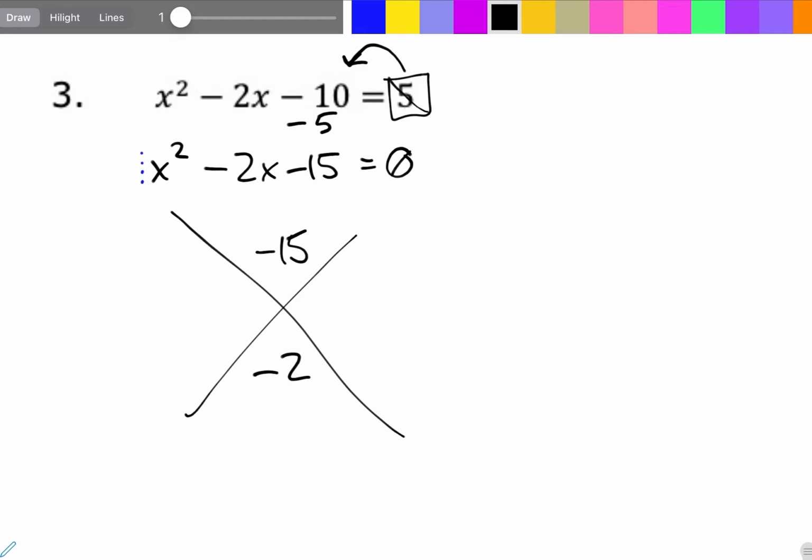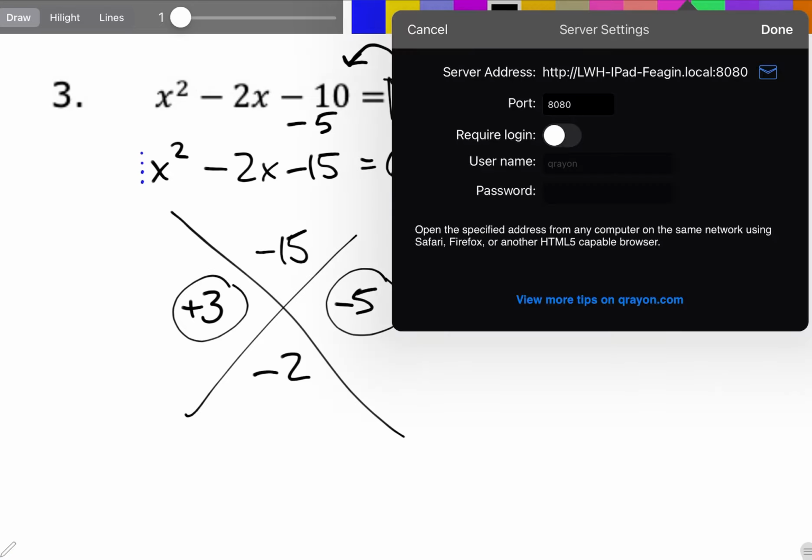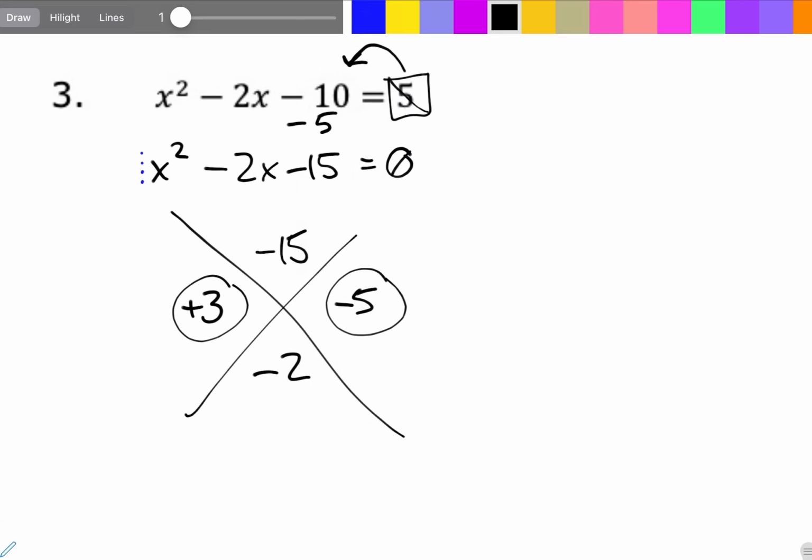What are these 2 numbers? Is it 1 and 15? Nah. Is it 3 and 5? Ooh, pretty sure it is 3 and 5, if and only if we make the 5 negative and the 3 positive. This is going to make our statement true. That works out, all right?